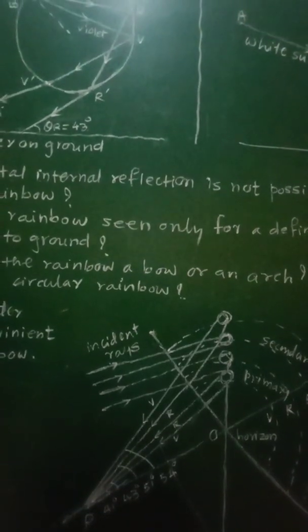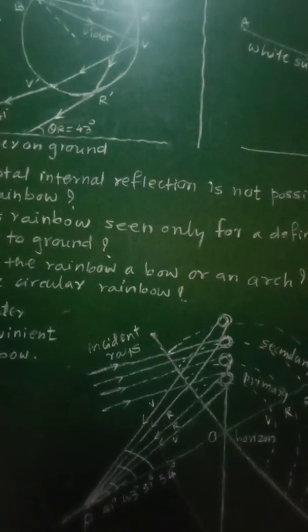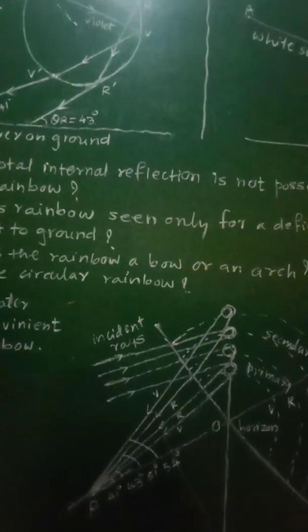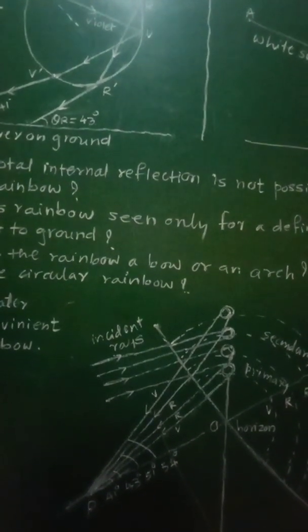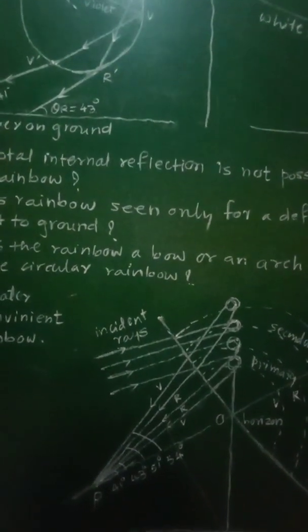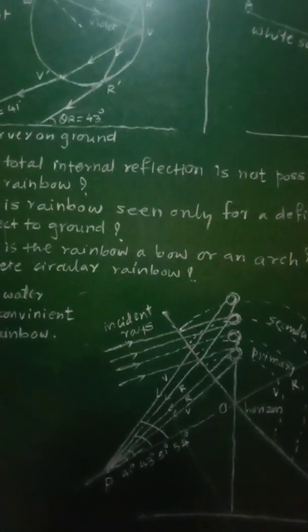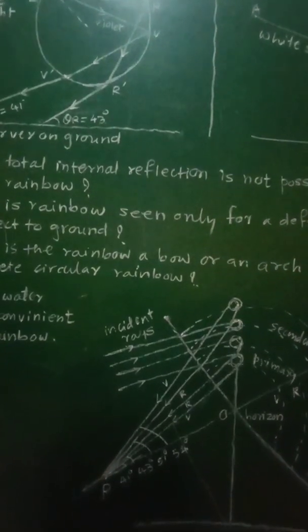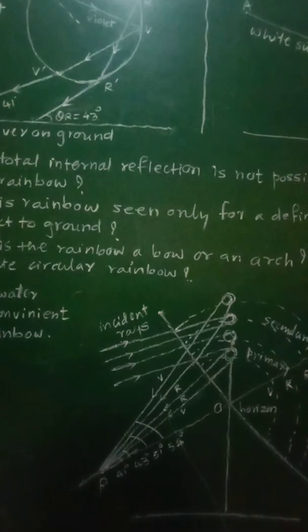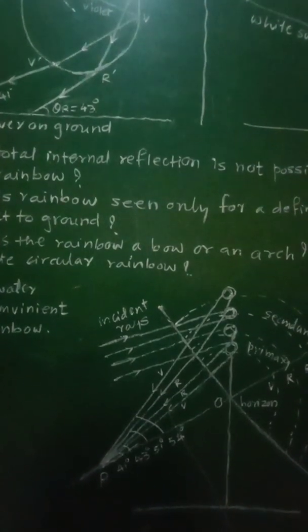Therefore the rays in the near vicinity of minimum deviation are almost parallel to each other, and the rays beyond this range, that is after the minimum deviation, will suffer wide angular dispersion and thus will not have enough intensity.